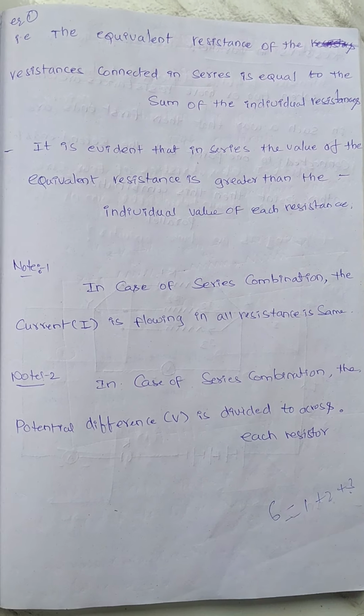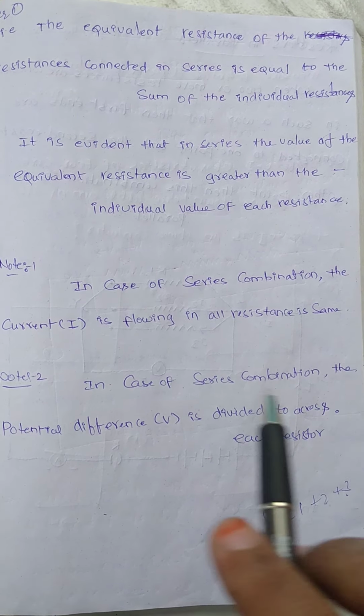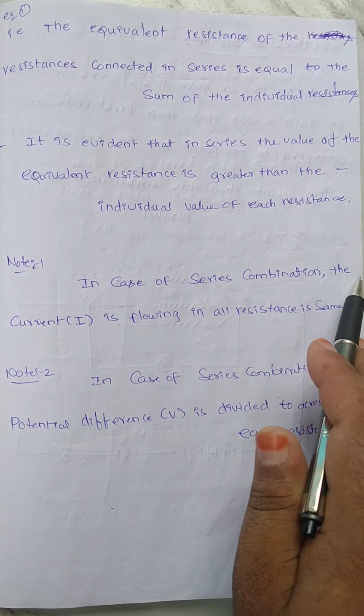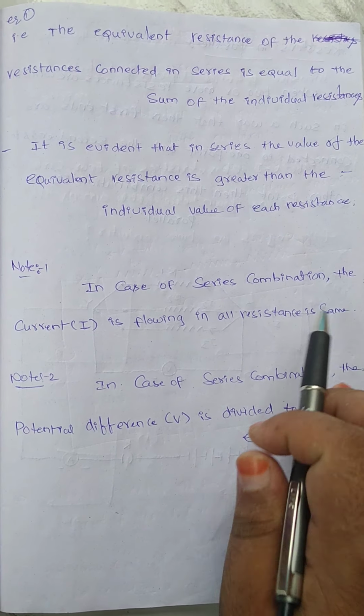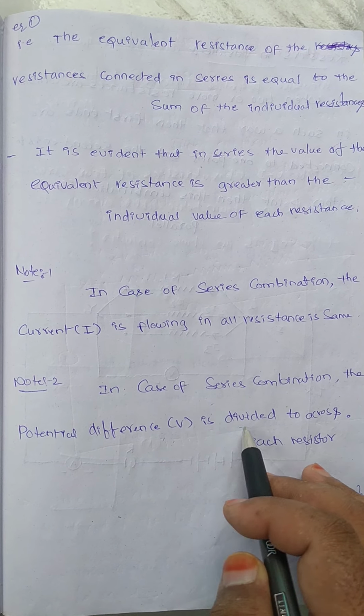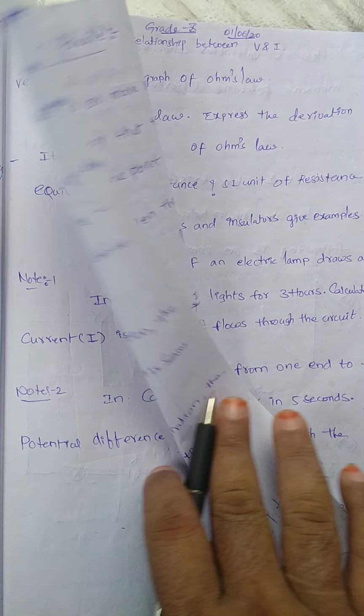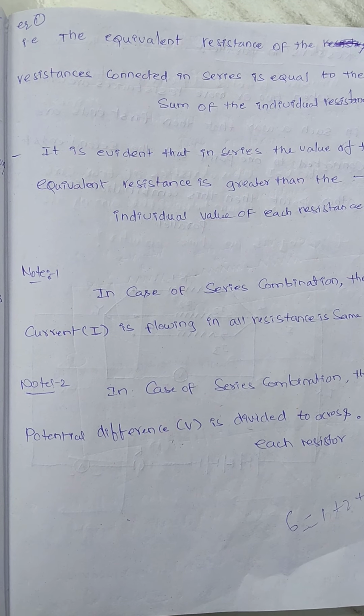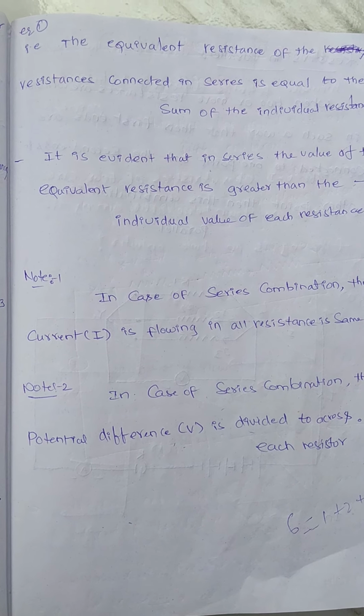Again I am repeating two important points: in series combination, the current flowing in all resistances is the same. And second, in series combination the potential difference is divided across each resistor, right? So this is about resistors connected in series, dear students.